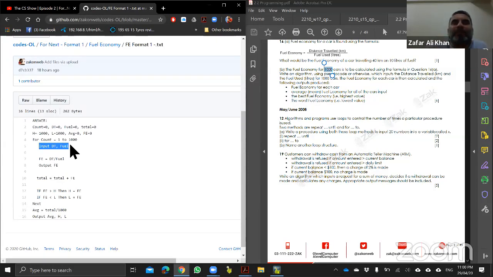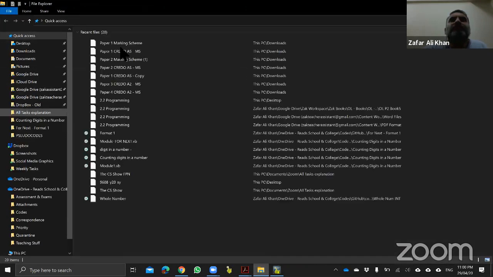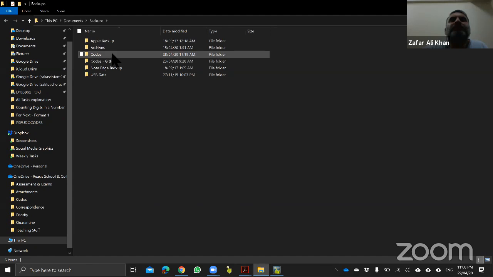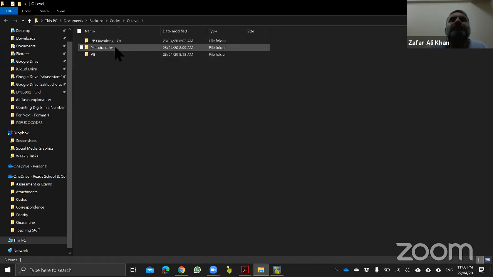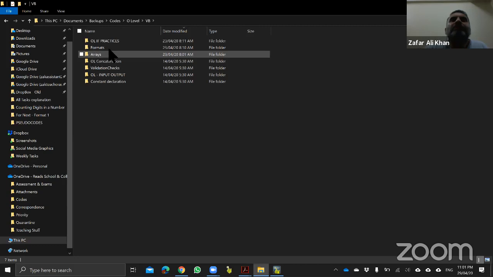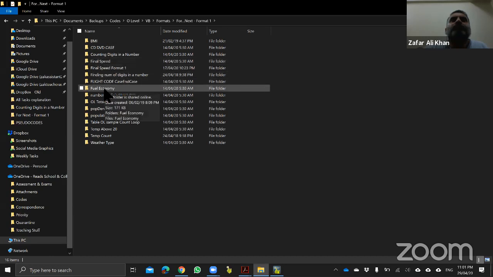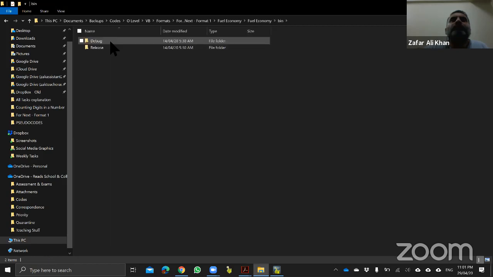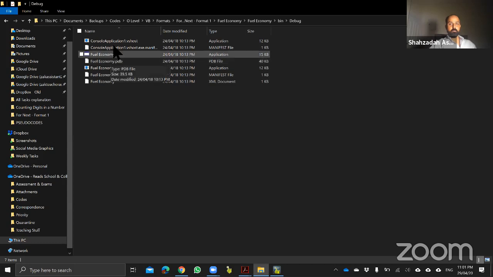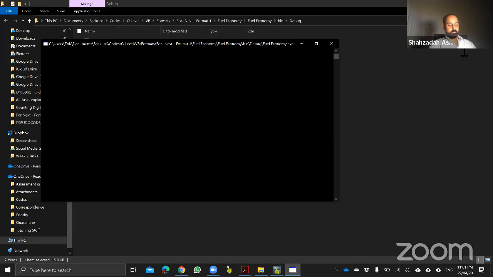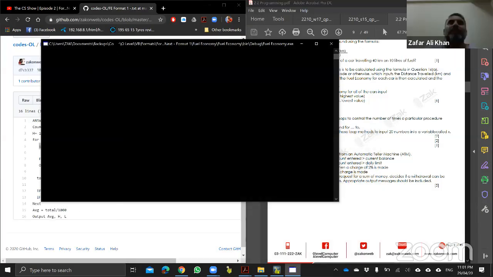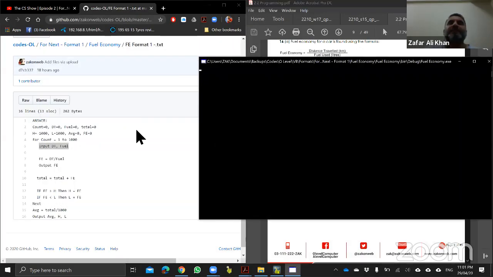So this statement says input distance traveled and fuel used.